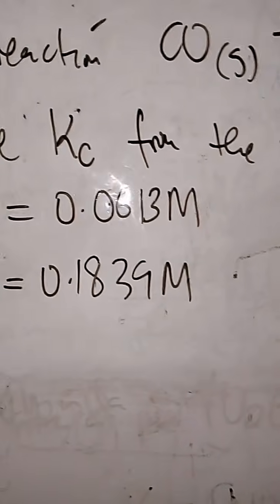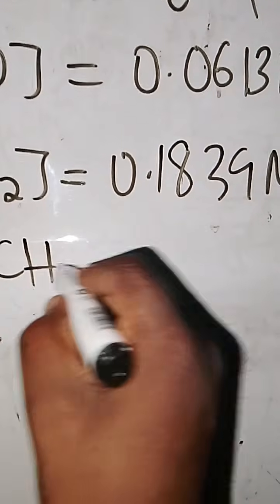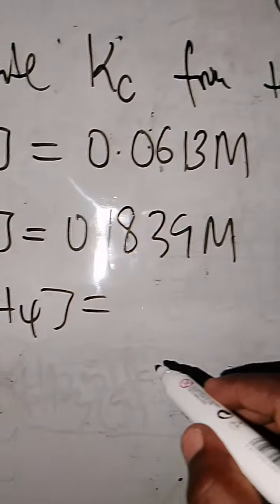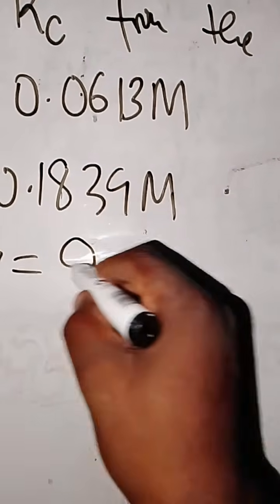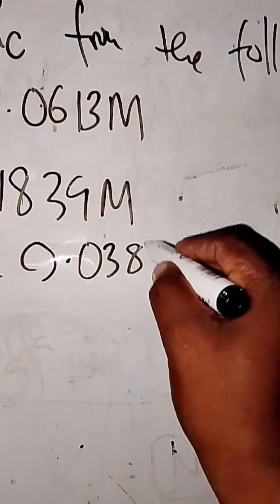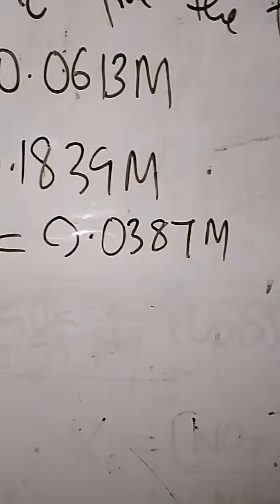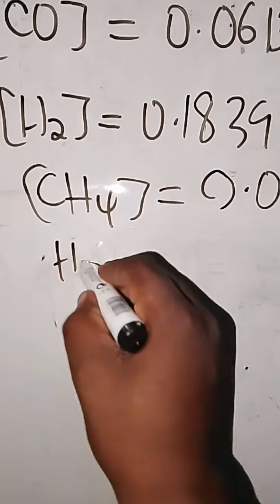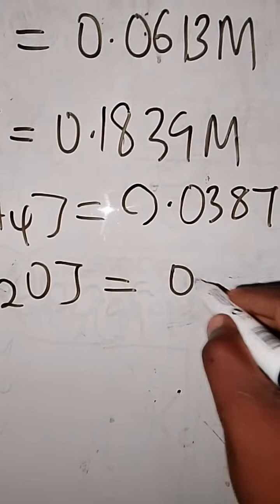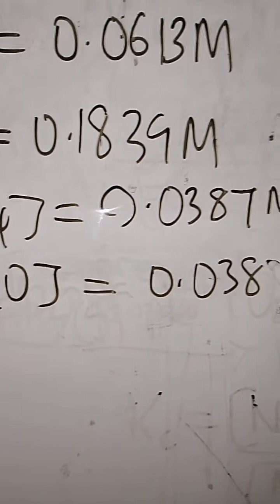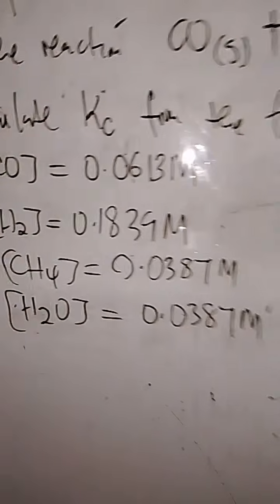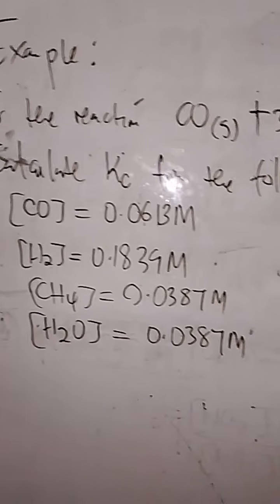Then the concentration of methane is equal to 0.0387 molar. Then the concentration of water is equal to 0.0837 molar. Okay, so the equilibrium concentrations have been given.